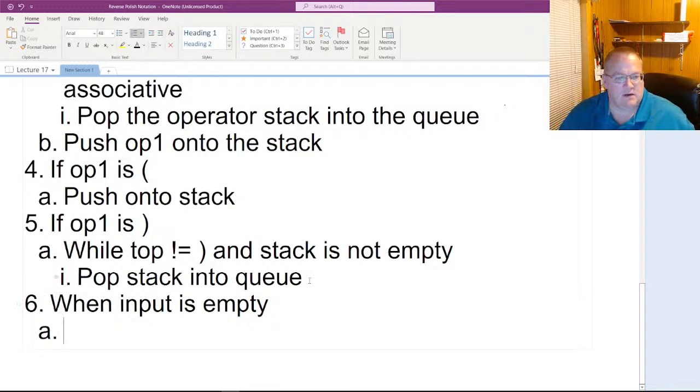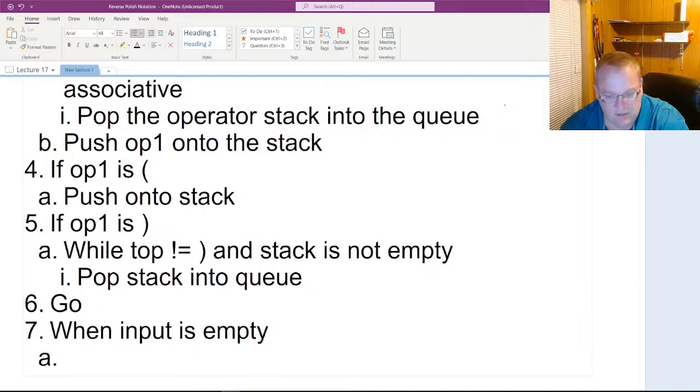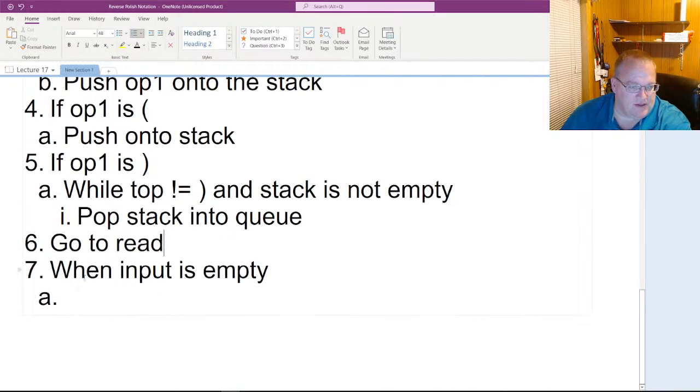So I can maybe put that in here. Go to read, or number 1. Then we jump down here to when the input is empty, so there's nothing to read.